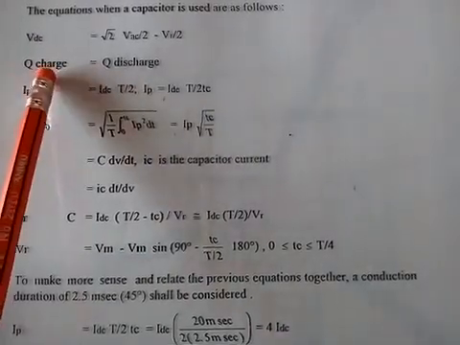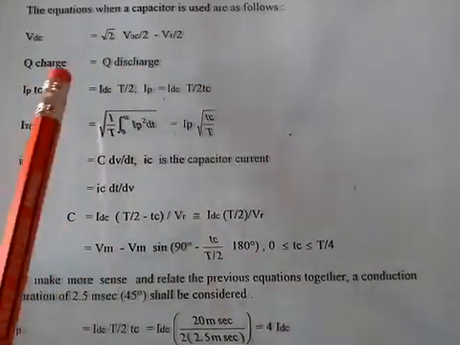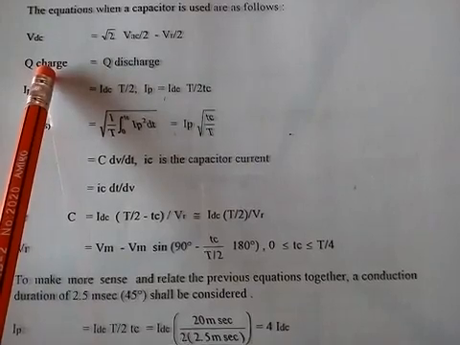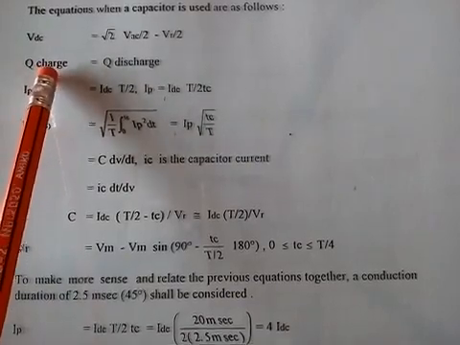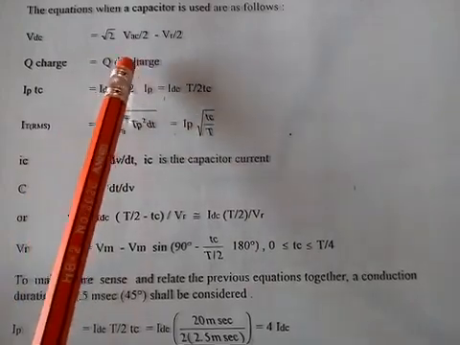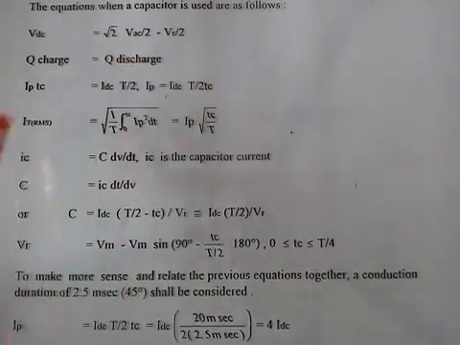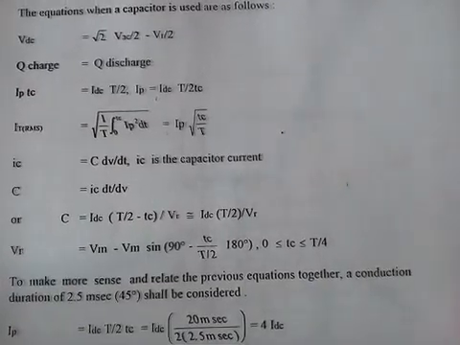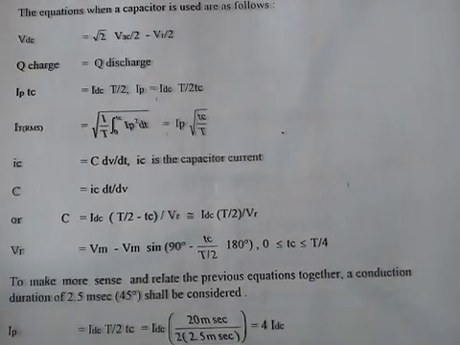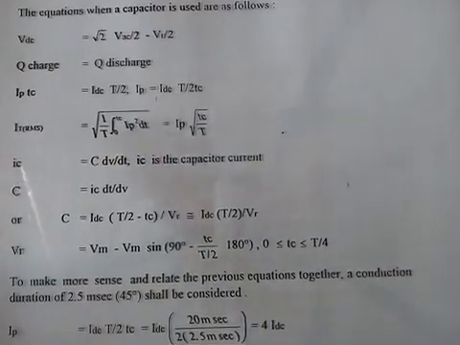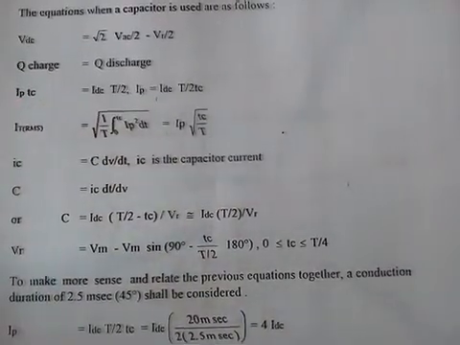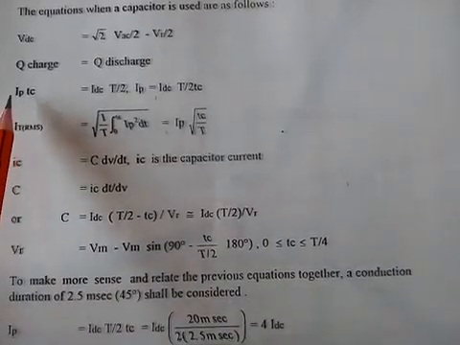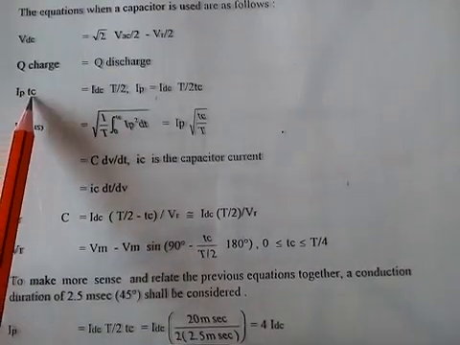And the Q charge equals the Q discharge. That's for the cap. You charge the cap with a Q and you discharge it across the load with another Q. The charge and discharge quantities must be equal, and that means the pulse that you charge the cap with, multiplied by the time.